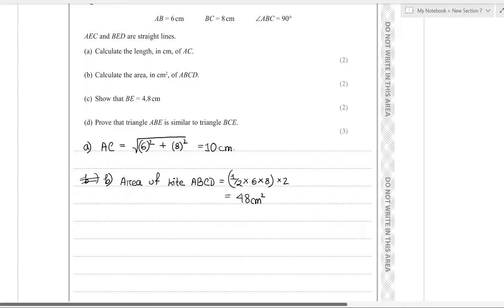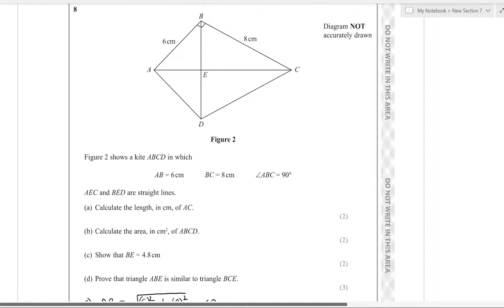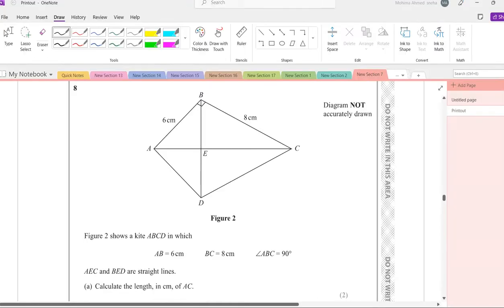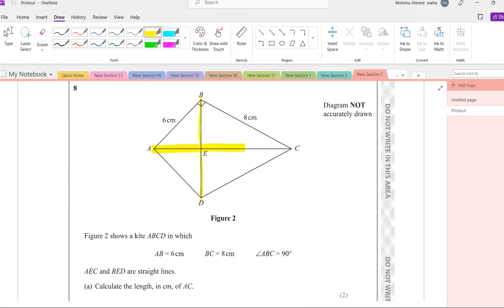Moving to part C, show that BE is 4.8. So if we highlight the diagonals of the entire kite, you can see that BE is this part. BD is one diagonal, and AC is another diagonal. We have already calculated the value for AC as 10 in part A, and we have the area of the kite.